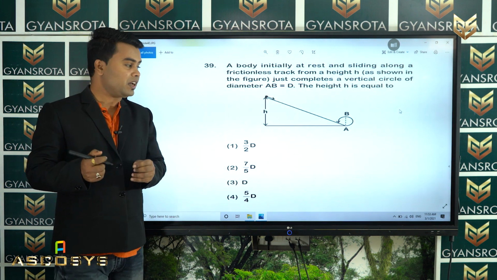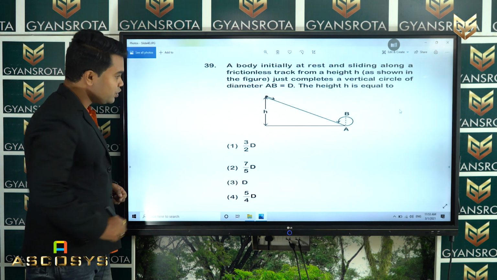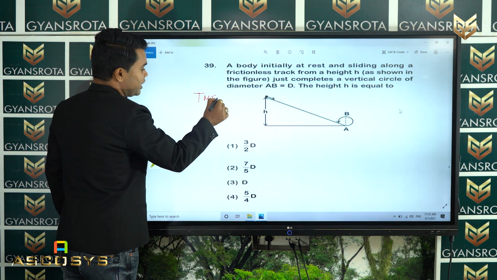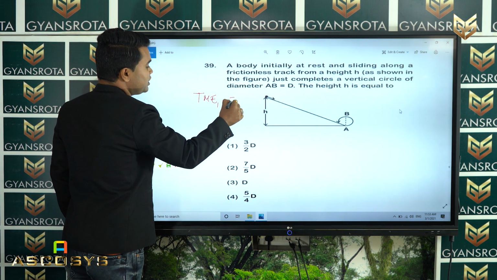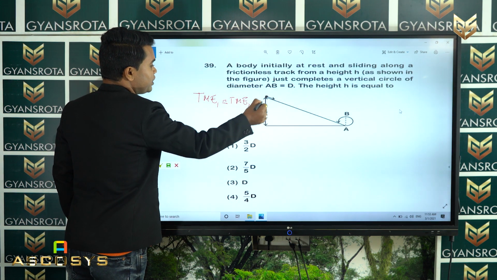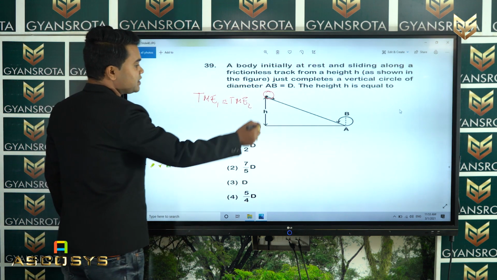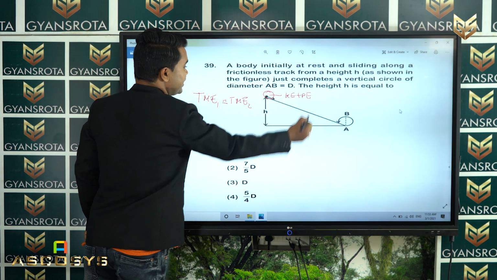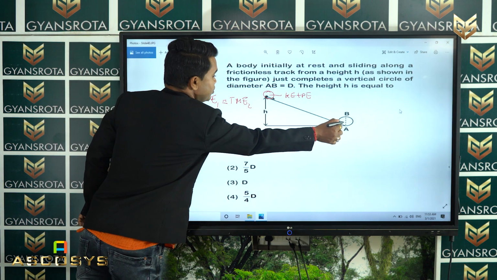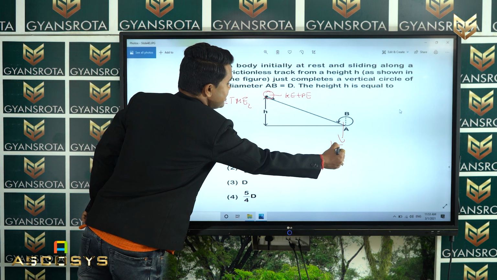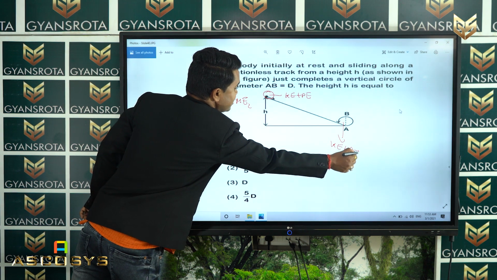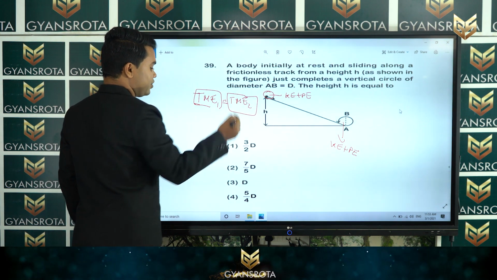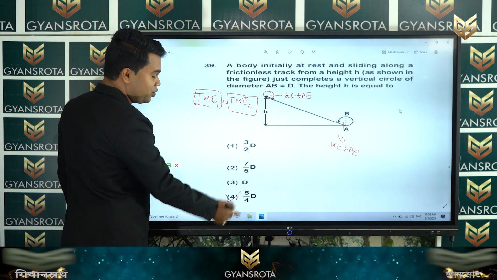So total mechanical energy at the beginning equals total mechanical energy afterwards, each being the addition of kinetic energy plus potential energy. Just equate these two and you will find the height. Your answer will come out to be 5/4 d.